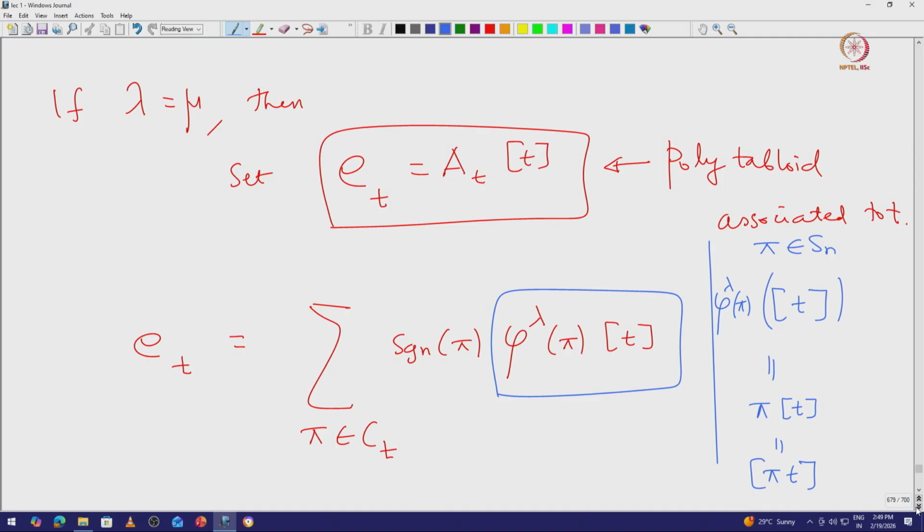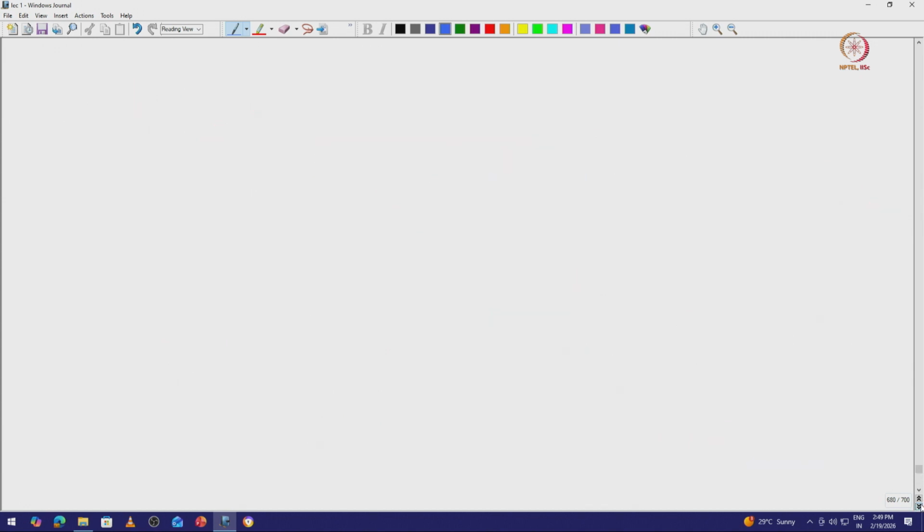Let me explain what we are indeed doing. We start with the tableau, let us say T is a λ-tableau. To obtain the equivalence class of T, we do not care about columns, we only focus on the rows, and we permute the entries among the rows.